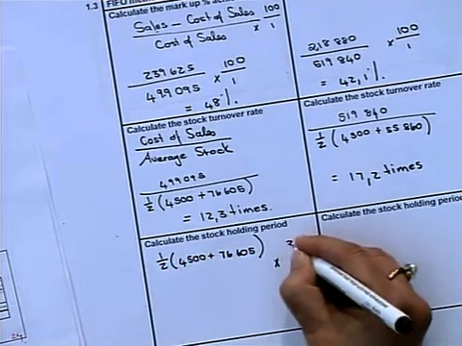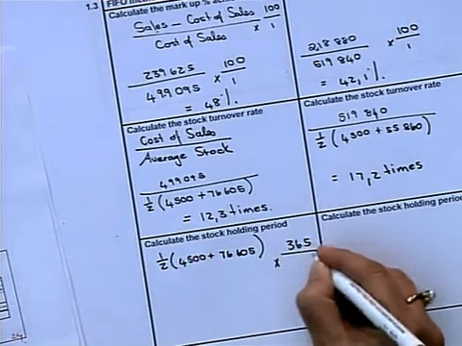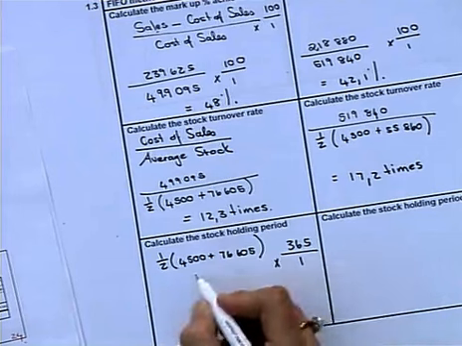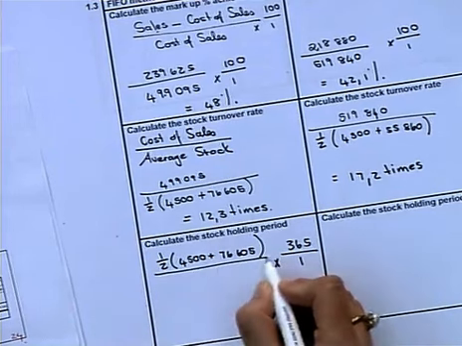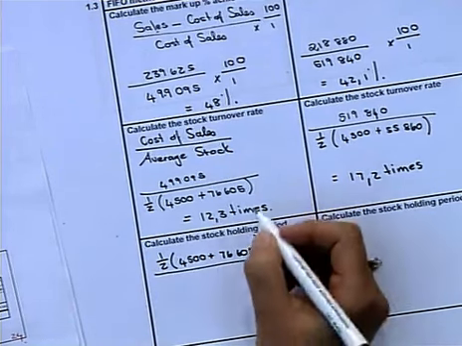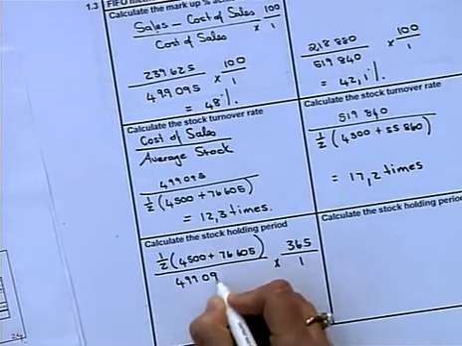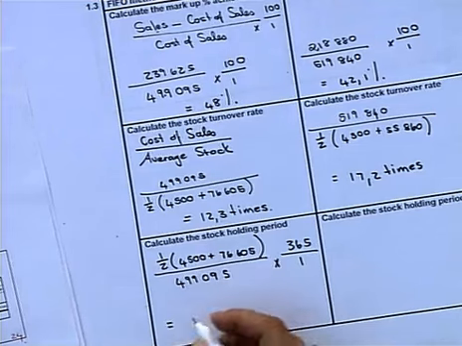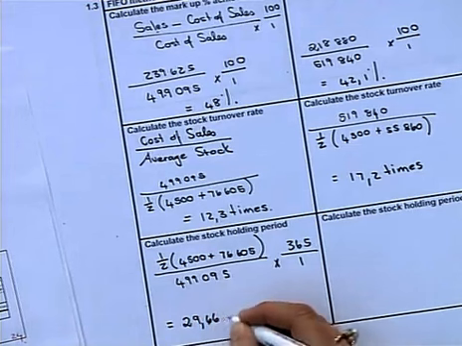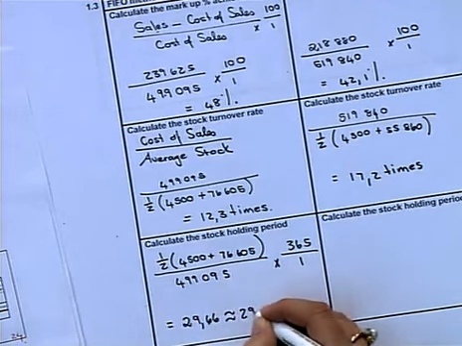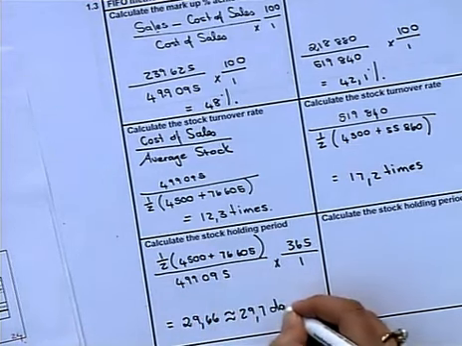And I'm going to work it out per day because it didn't say whether it should be months or days. And I divide that by cost of sales, 499,095. And it says I have more or less 29.66, or let's say 29.7 days worth of stock.